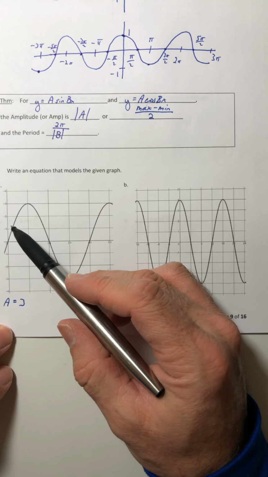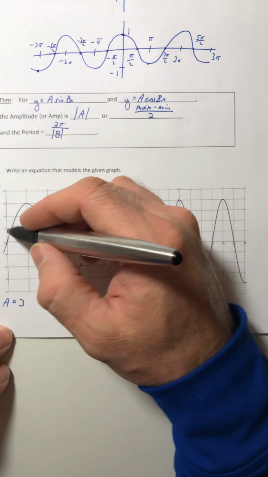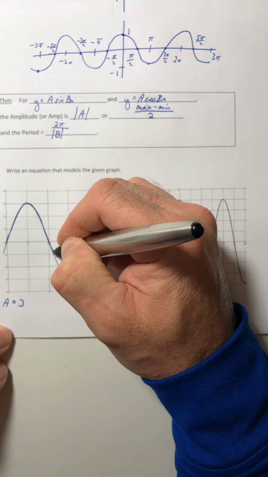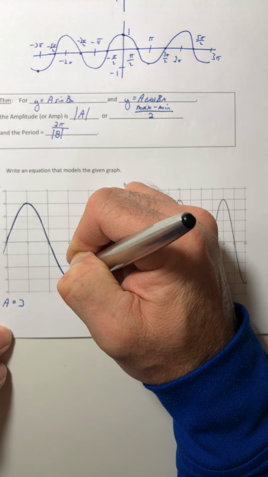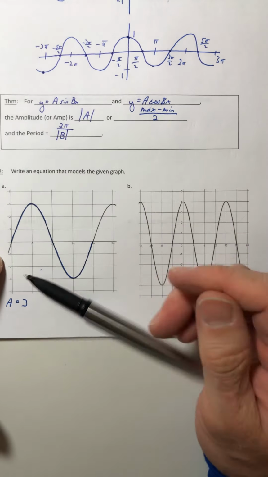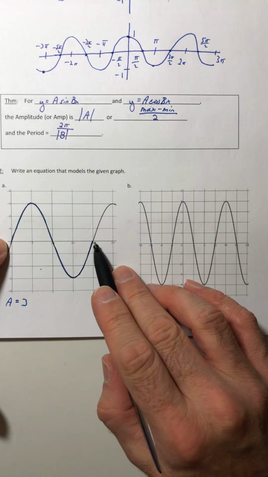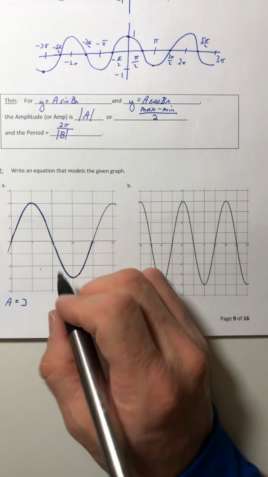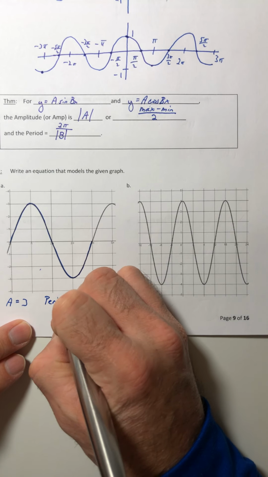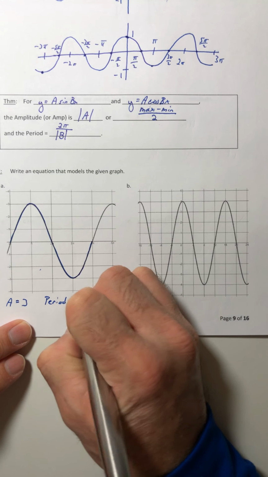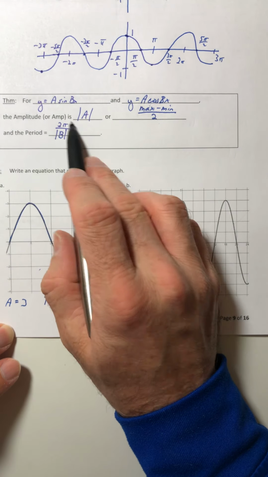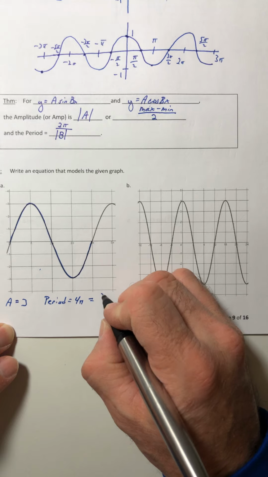Now, the b value comes from whatever the period is. So for this curve, it's the length before it starts to repeat itself or to start drawing the same exact shape. So it's just the section that I traced from 0 to 4 pi. So the period is 4 pi. So what you do is you set it equal to that little 2 pi over the b.